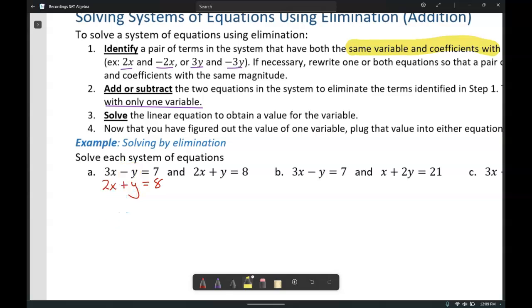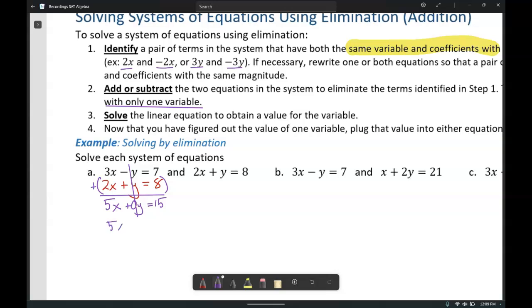So what happens here is that when we go to add these expressions together, we add 2x and 3x to get 5x, but when we add negative y and y, we get 0y. That eliminates that variable, and then we're left with a constant of 15.